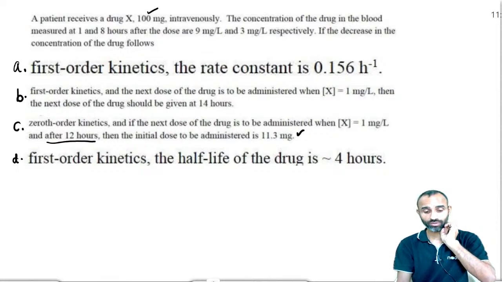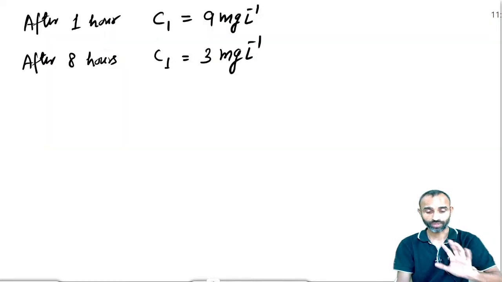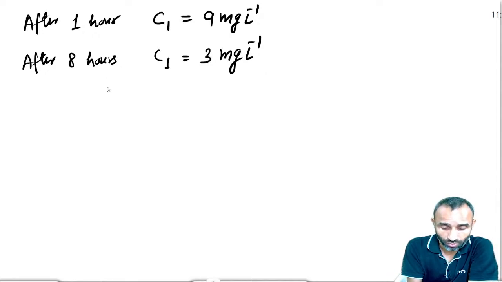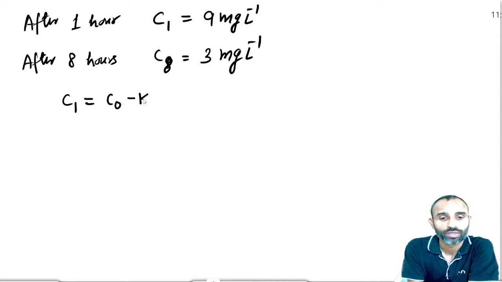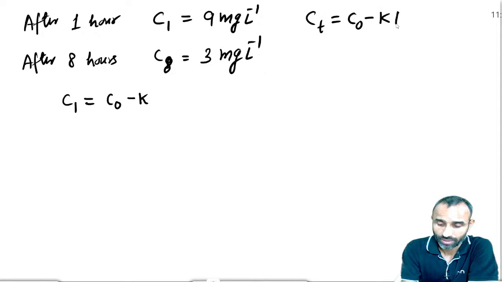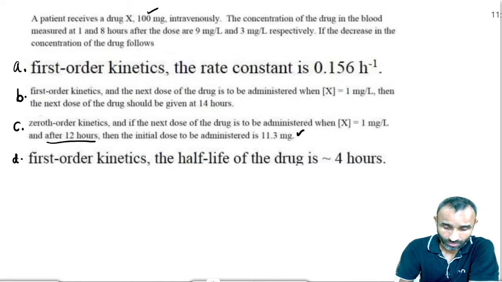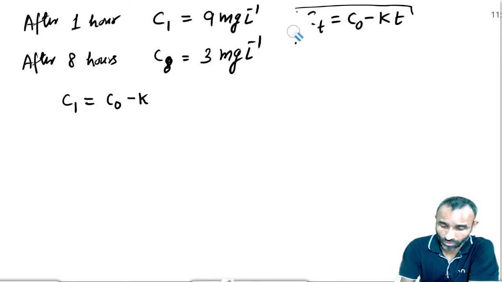So if the decrease in the concentration of the drug follows, let us say, first order kinetics, then ln Ct equals ln C naught minus kt, because it follows first order.